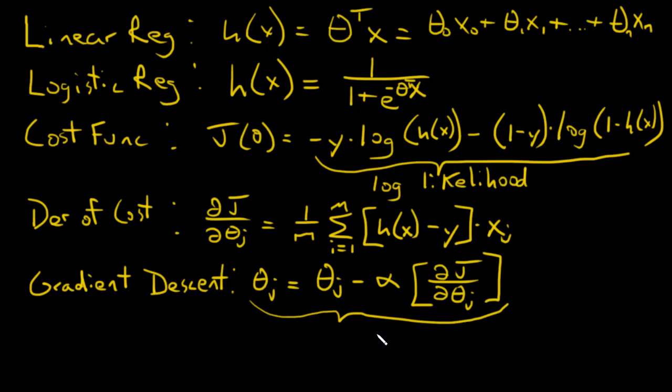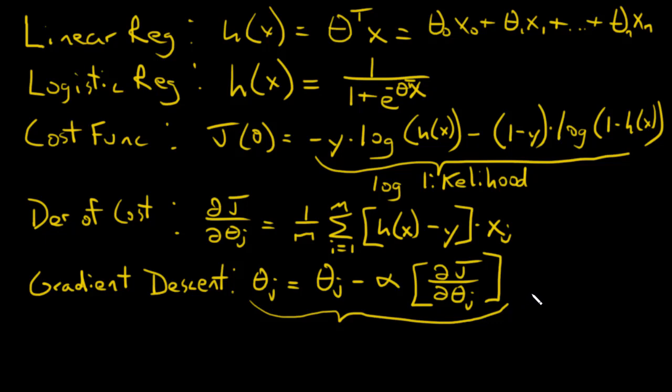We are updating our theta values, our parameters, our weights, if you will, by using the derivative of the cost function every time. This is what allows us to actually train our algorithm to do something useful. It's because we rely on gradient descent and this partial derivative of the cost function to arrive at a better guess each time we loop through.